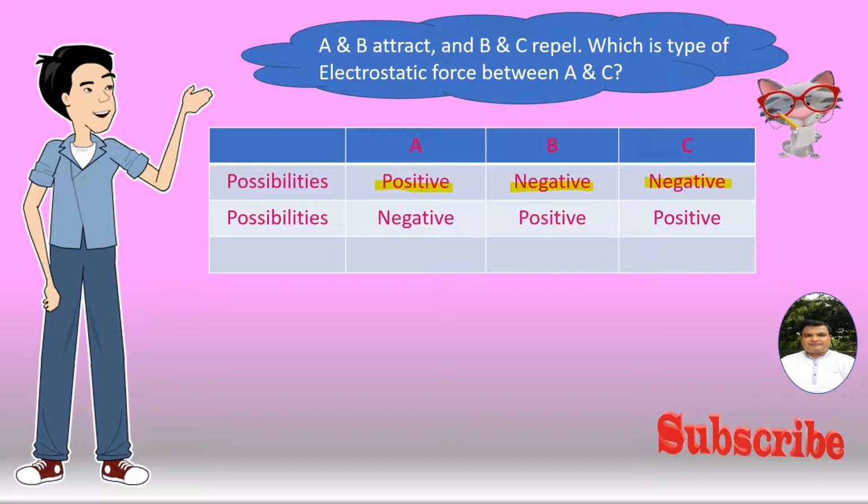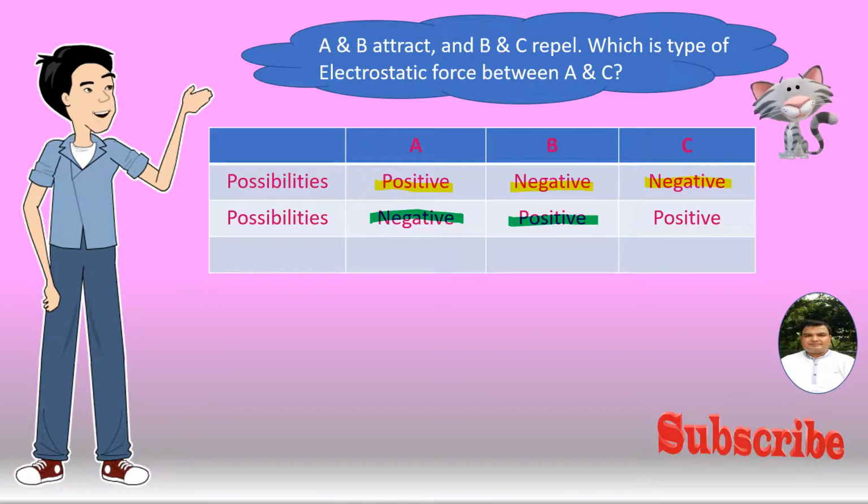Next possibility, it is not necessary that A is positively charged. It may happen that A is negatively charged. Okay, if A is negatively charged, because A and B attract, B should be positive.